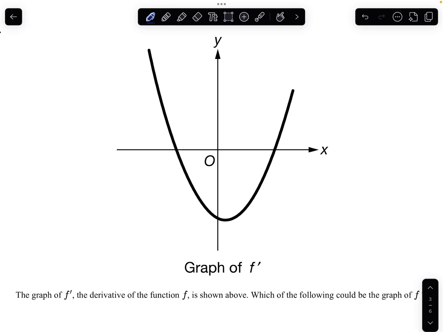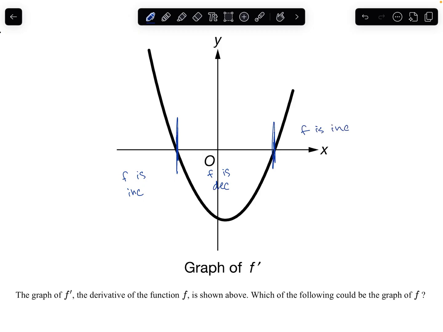Sorry. This is f prime, and so I see that f prime is above the x-axis right here, so in this interval f is increasing. Then between here, because f prime is below the x-axis, f is decreasing, and then f is increasing.